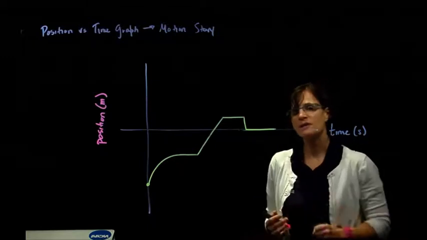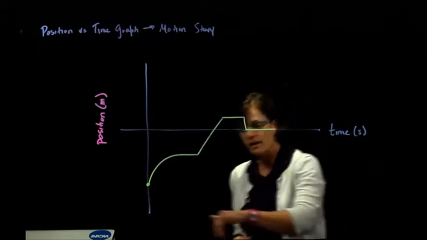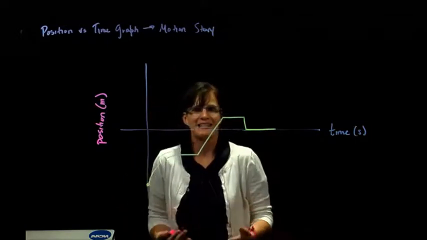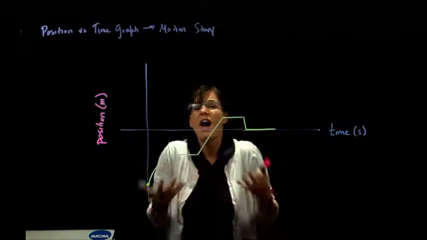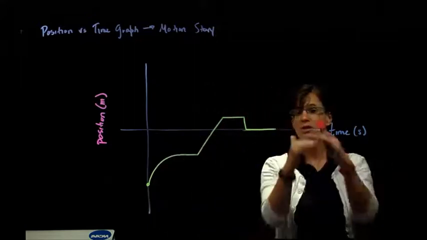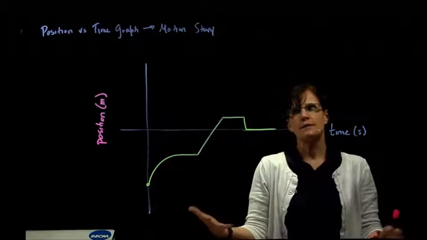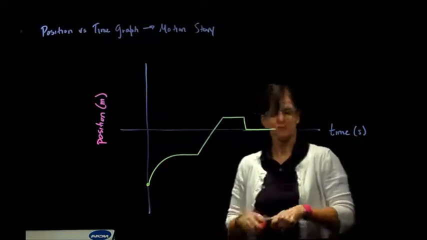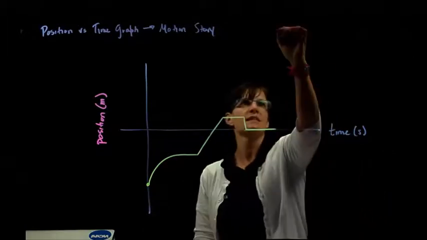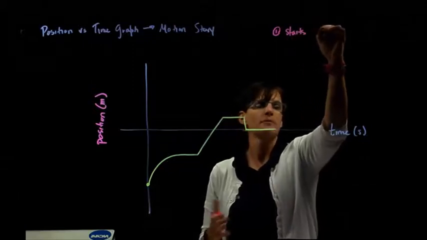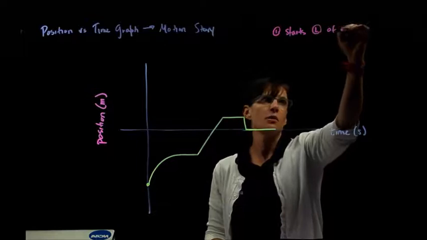So the first thing we can say is, oh, well, the object is starting at a location that's negative relative to the origin. Now, I'm developing this story, so we're going to work in the horizontal world. If it's starting somewhere negative, it's starting to the left of the origin. So the first thing I can say about my motion is my object starts left of the origin.